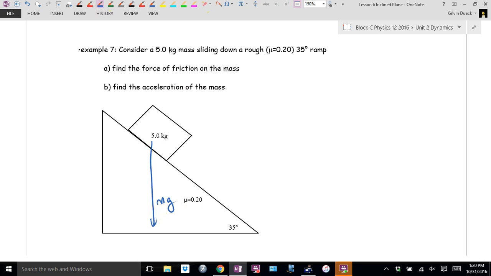I'm going to break mg into its components. I'm going to break it up into a perpendicular. Would stopping right there be correct? No. I'm eyeballing it. I probably want to stop right around there. That's going to give me a parallel component. So put the arrow on there to say that's pointing down, that's mg perpendicular.